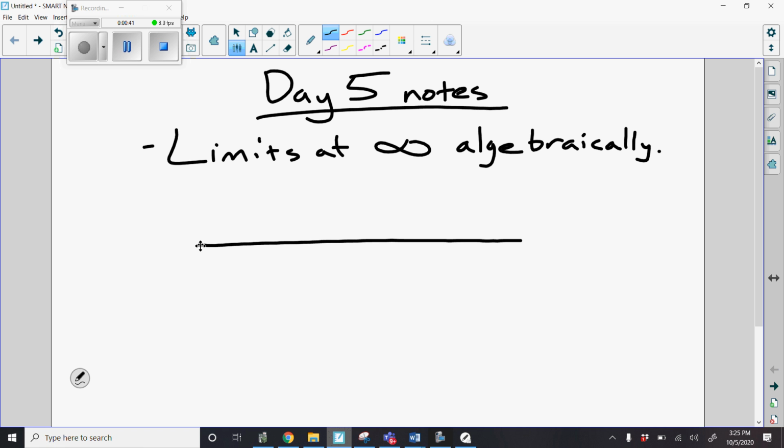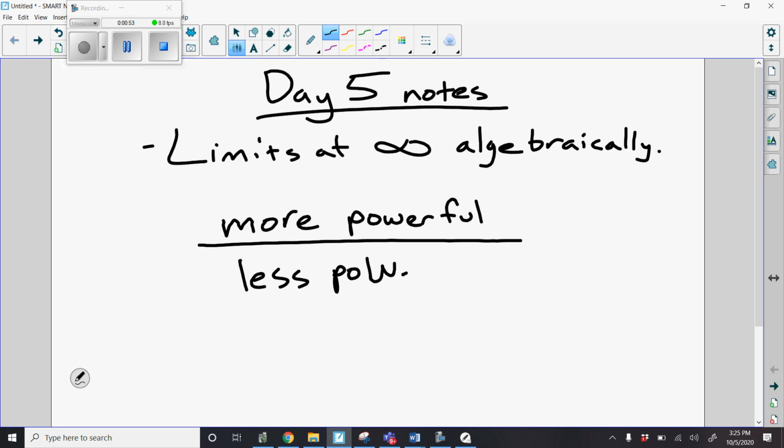When we see something more powerful over less powerful, again, these are limits as x goes to infinity, our limit is going to be either positive or negative infinity.